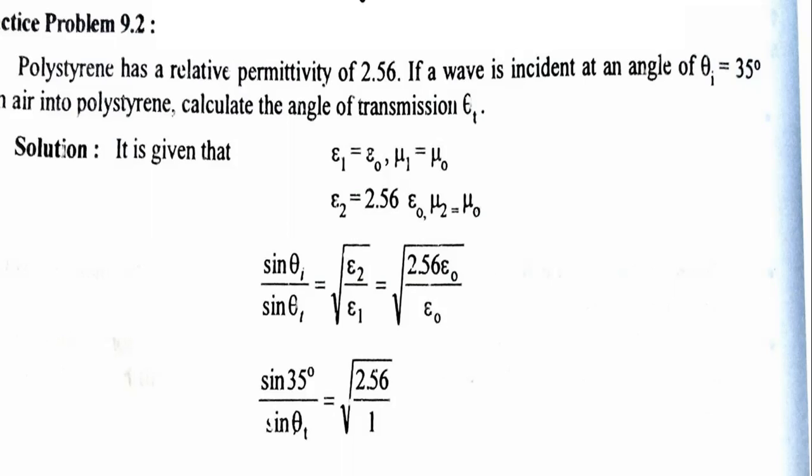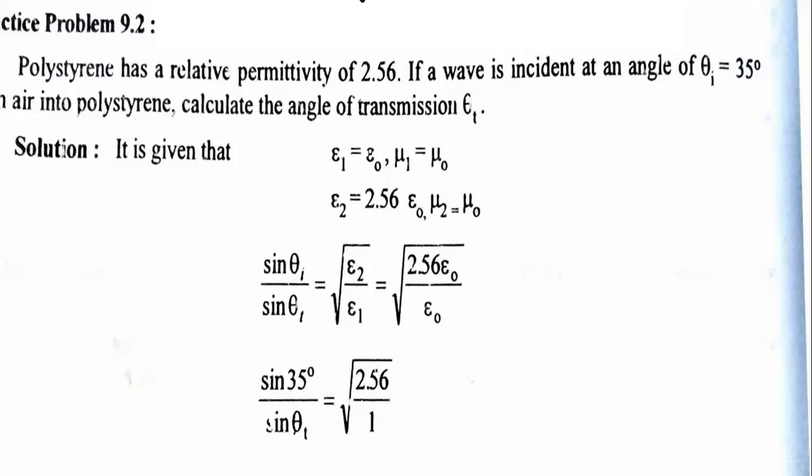The material is polystyrene, and the relative permittivity is given as 2.56. Here two mediums need to be considered: the air as well as the polystyrene. So epsilon 1 is equal to epsilon 0, mu 1 is equal to mu 0.